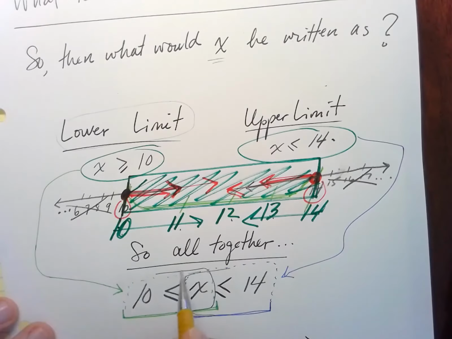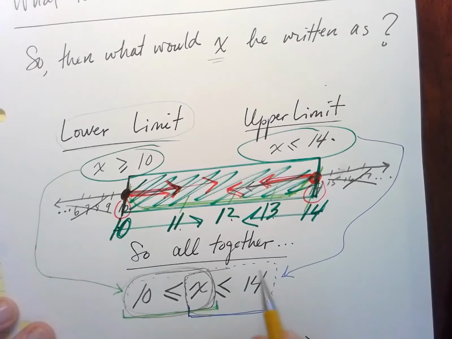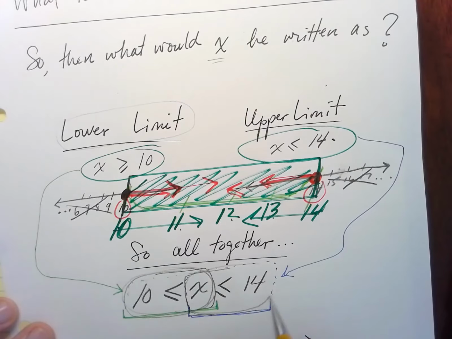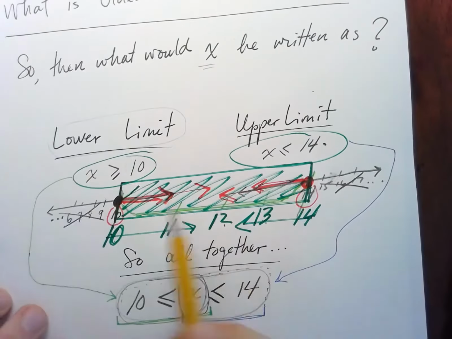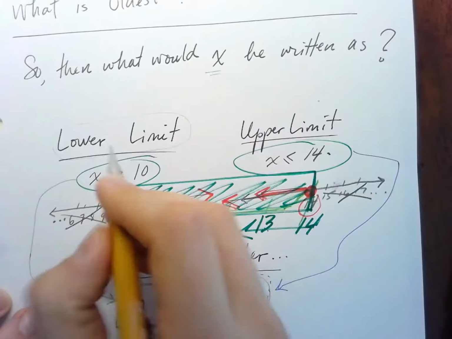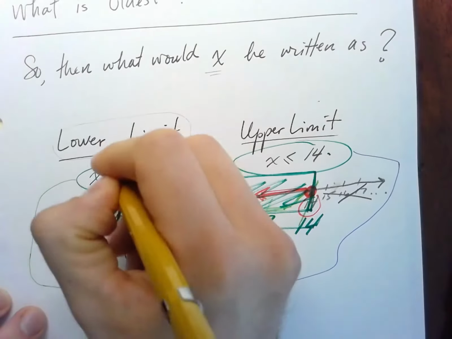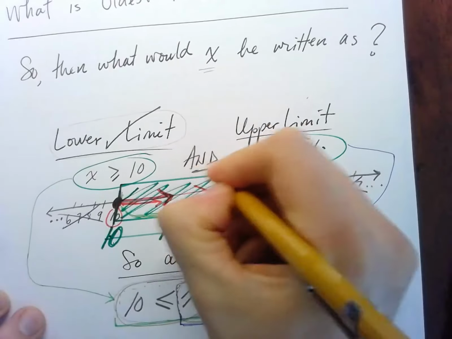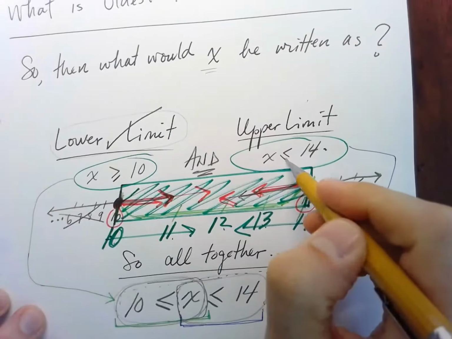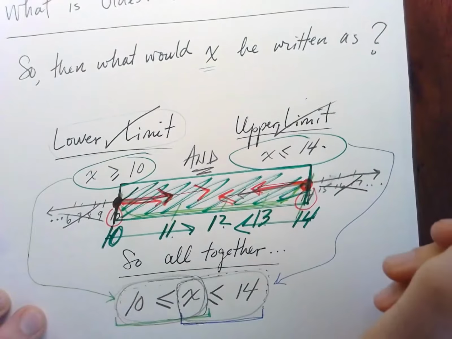But I could really just separate that out, and I could extract this inequality, and I could extract this inequality, and put them back into two different inequalities, and say, yes, this condition, the lower limit right here, has to be met, and the upper limit condition also has to be met.